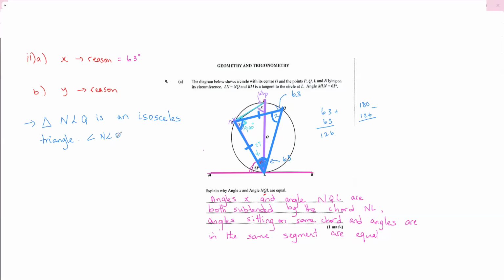So angle NLQ, that's this one here, is equal to angle NQL.